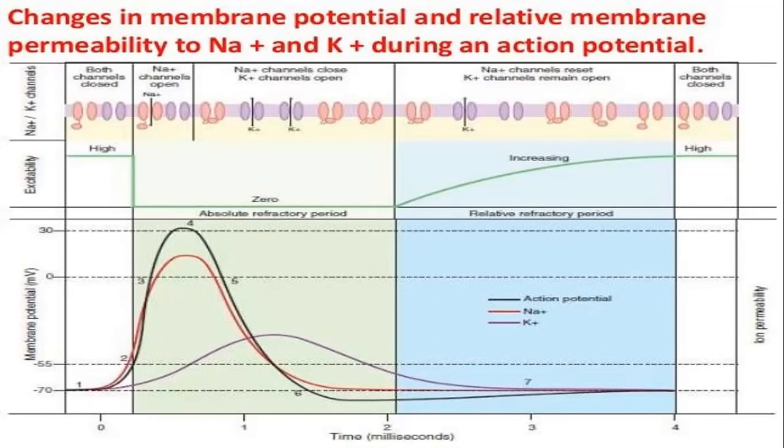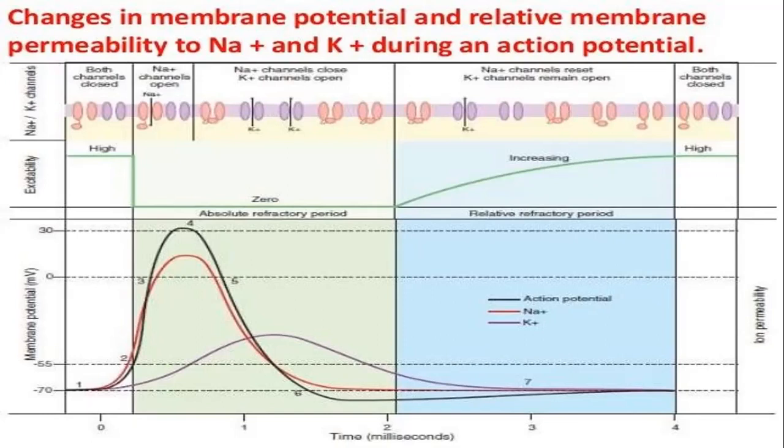You can see step 6, followed by return to the resting membrane potential. That is step 7. So step 1, 2, 3, 4, 5, 6, and 7. These are the different steps of the action potential.